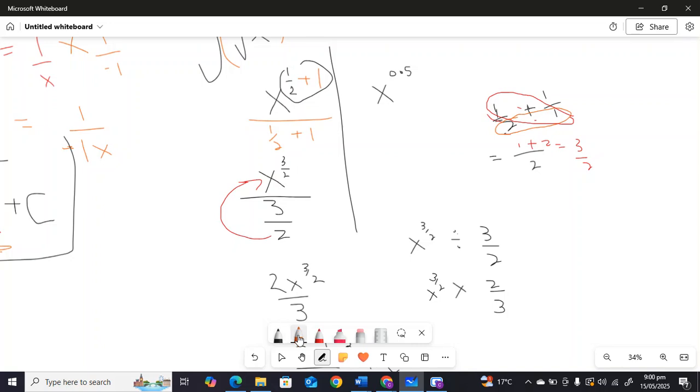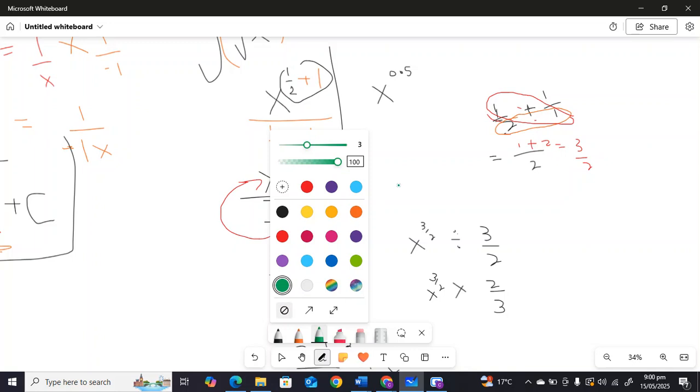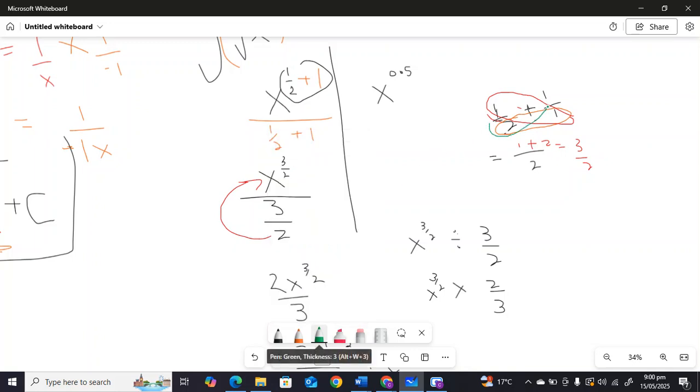Then you go to the bottom left wing and you say 2 times 1, 2. So on the numerator, you have 1 plus 2.